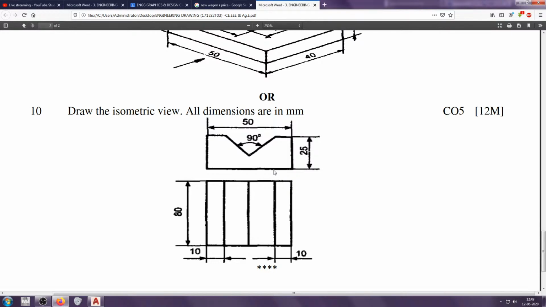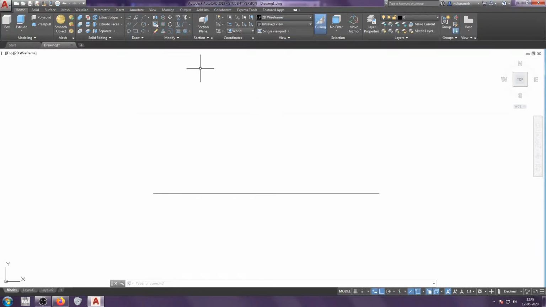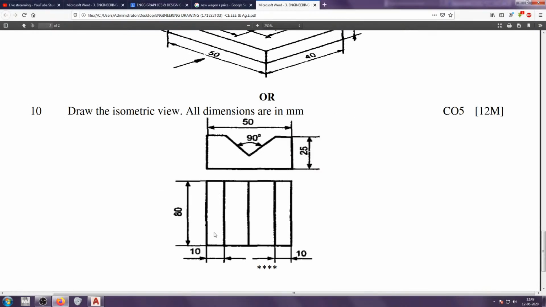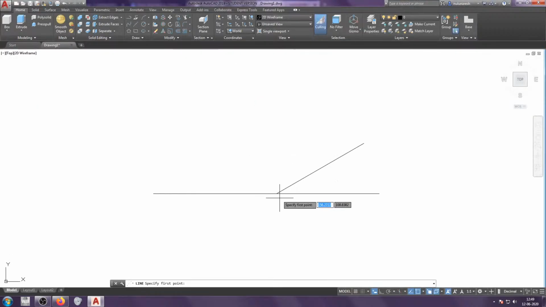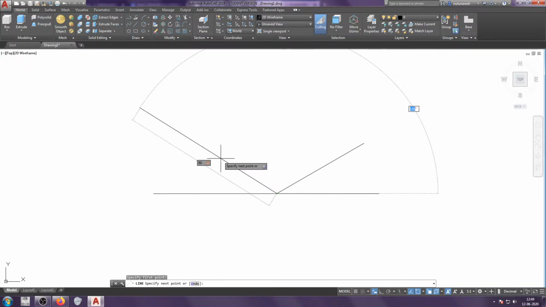So what's the dimension of this line? 50, right? So draw this one at 30 degrees of inclination, 50 at 30. Now try to draw this particular edge here, which is 80, same theory, 80 at 150.